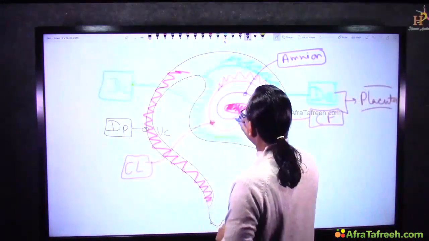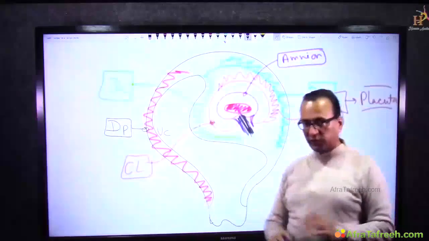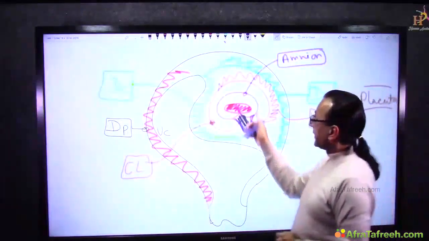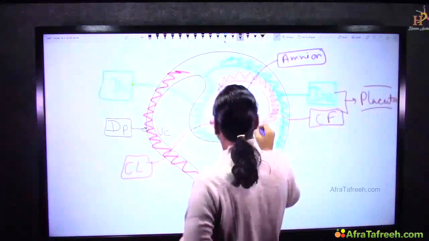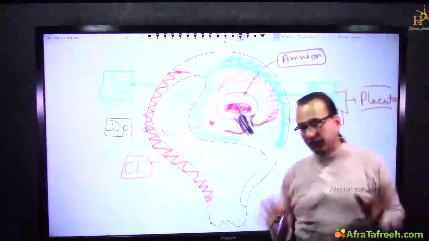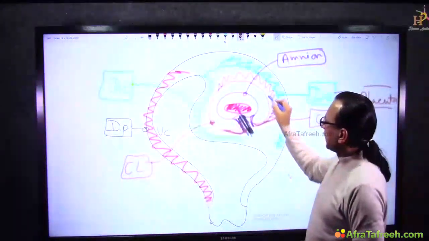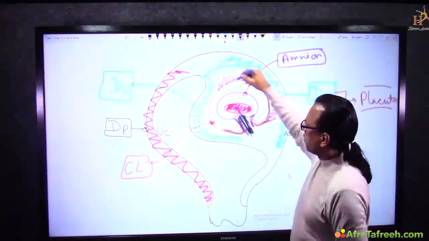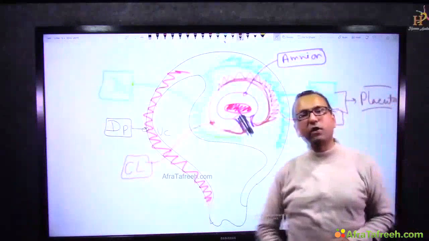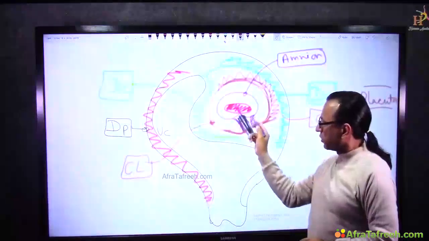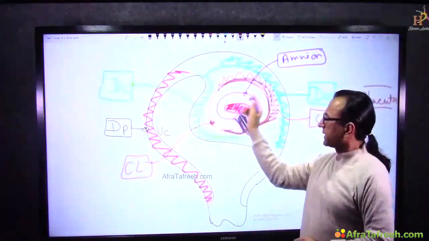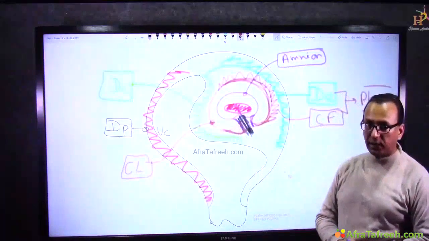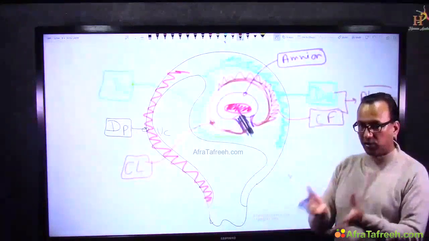So amnion is going to cover the umbilical cord for some time, but beyond that it will be covered by the chorion. See, the placenta is covered by chorion, and the umbilical cord is covered by amnion, which is also covering the amniotic cavity there, suspending the fetus in the amniotic cavity.